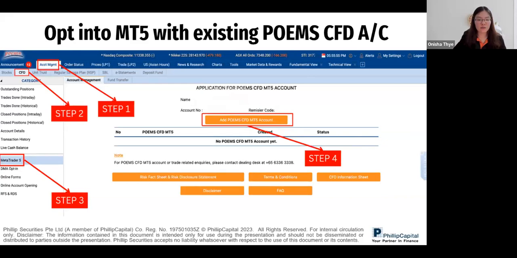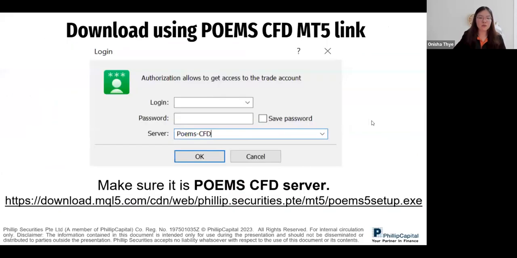Later on, after you opt into the MT5 account, they'll ask you to download the MT5. There are two ways for you to install MT5. One is using the POEMS MT5 link. Another is the general MT5 desktop app that you can find online. This is downloading using our POEMS CFD MT5 link. First, you have to make sure that it is actually our POEMS CFD server.